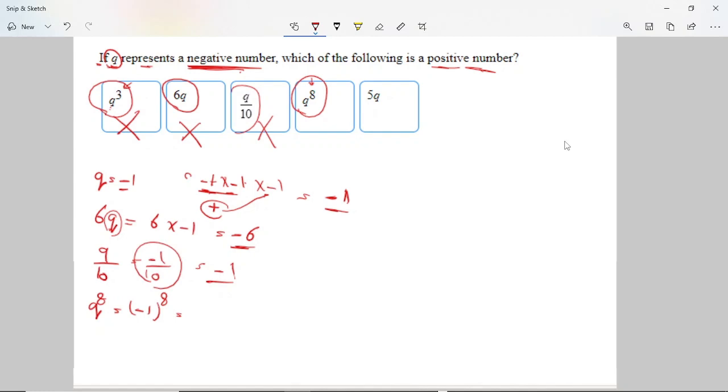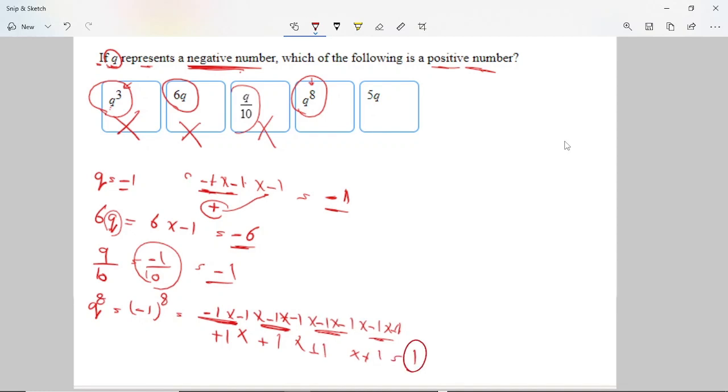So minus 1 will be multiplied 8 times by itself: 1, 2, 3, 4, 5, 6, 7, 8. So negative multiplied by negative is positive, negative multiplied by negative is positive. This also positive, and this also positive. So the answer will be 1. So this is the right answer.